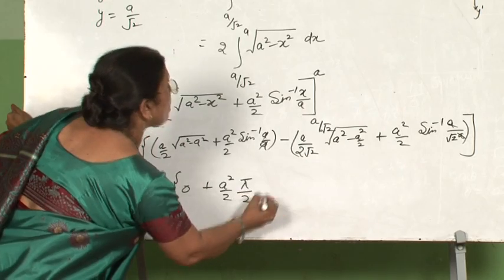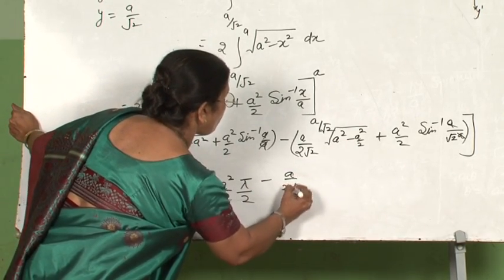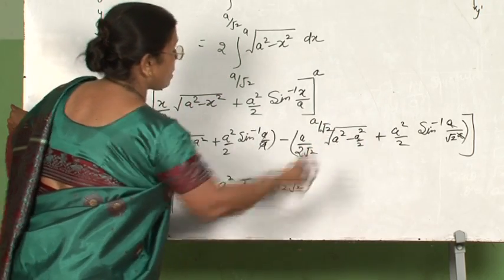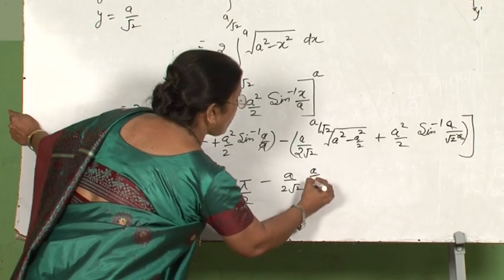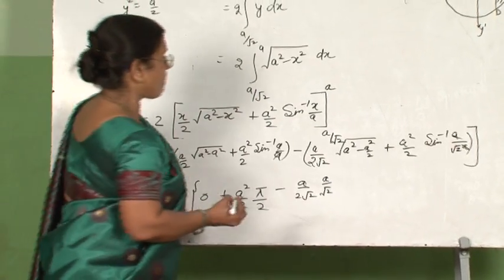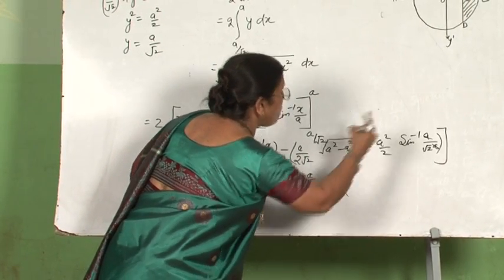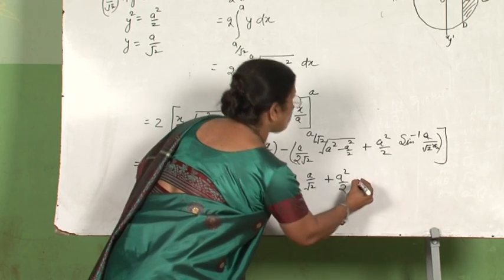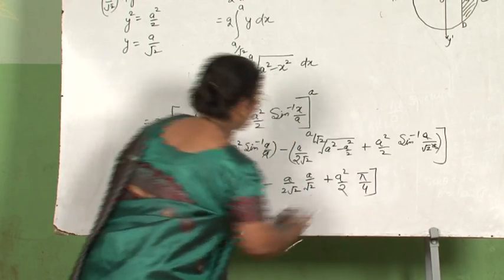So, this is pi by 2 minus a upon 2 root 2, a square minus a square by 2 is a square by 2, and the square root of that is a by root 2. So, this becomes a square upon 4 plus a square by 2 sine inverse 1 by root 2, which is pi by 4.